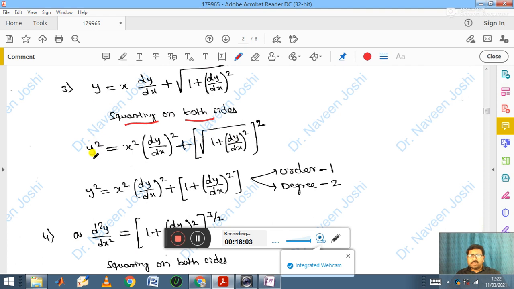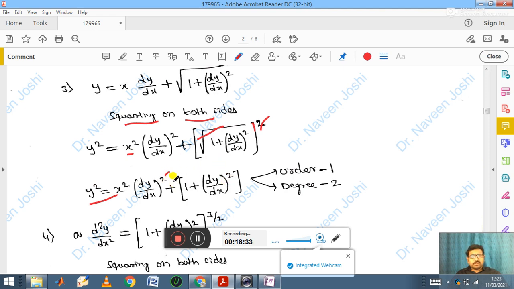Then on the LHS, y² equals x² (dy/dx)² plus the square root of 1 plus (dy/dx)², whole power 2. Okay, then here the square root and square cancel, and the remaining expression is y² equals x² (dy/dx)² plus 1 plus (dy/dx)².